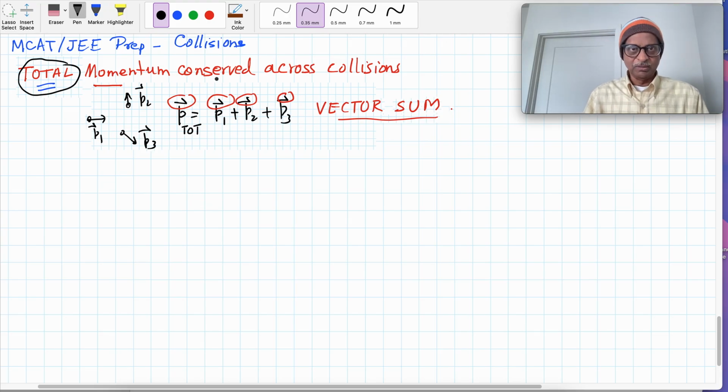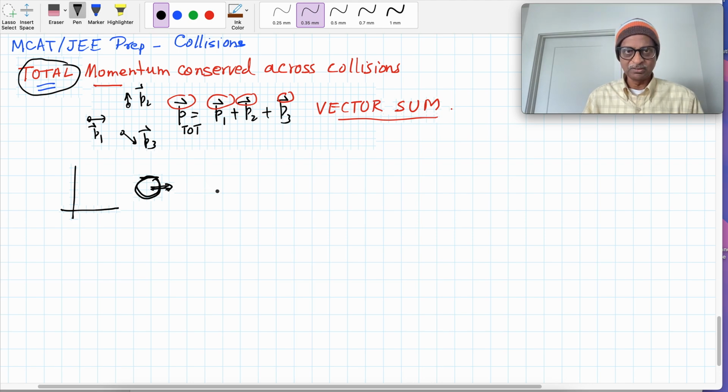Okay, so collision is basically a particular type of phenomenon where some object is moving along. I have a frame here, I'm observing this thing moving along, and it runs into something. That process is called collision.